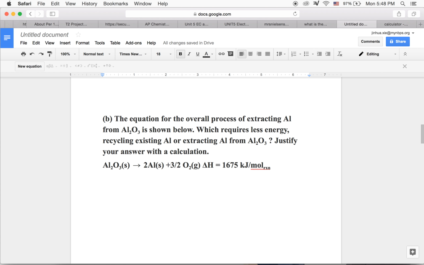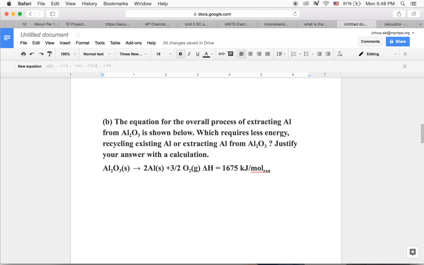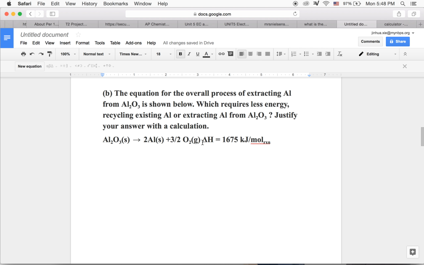And for part B, the equation for the overall process of extracting Al from Al2O3 is shown below, which requires less energy, recycling existing Al or extracting Al from Al2O3. And we have delta H equals 1675 kilojoules per mole.